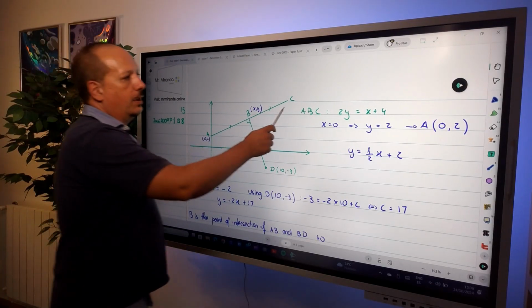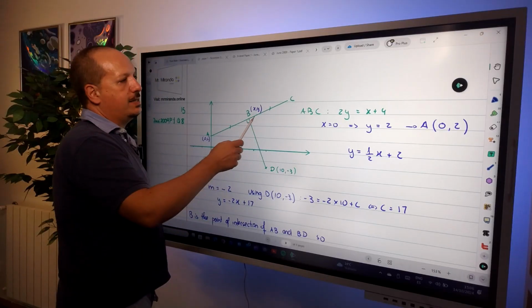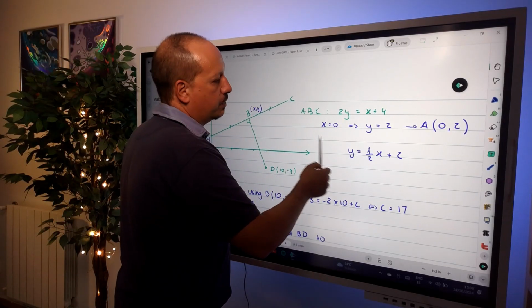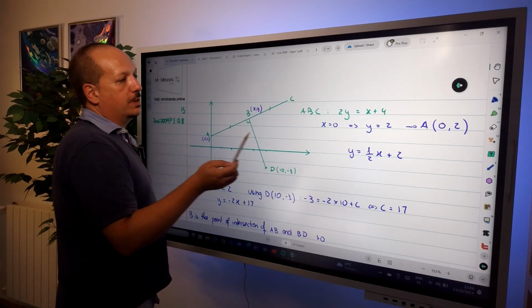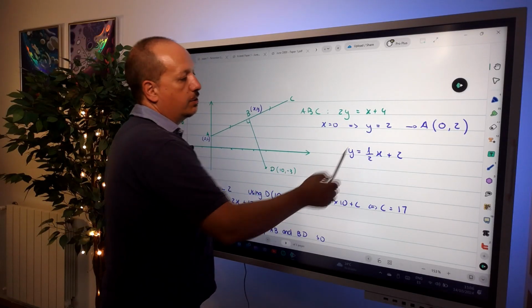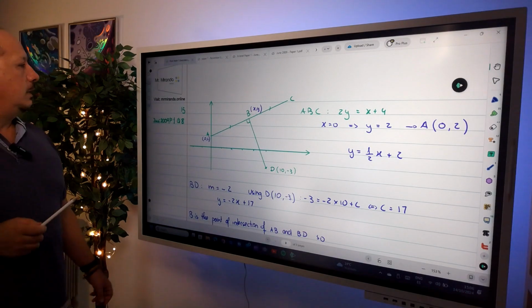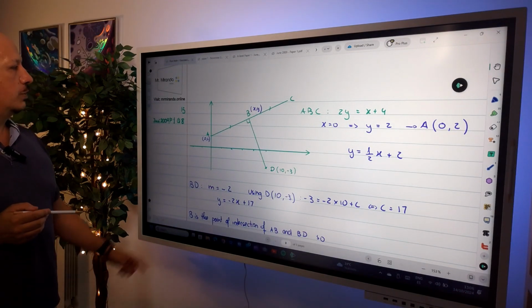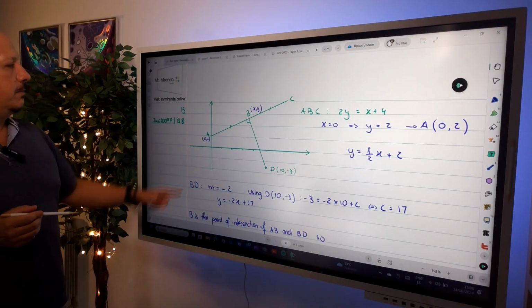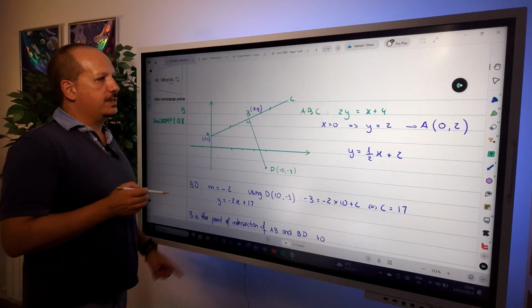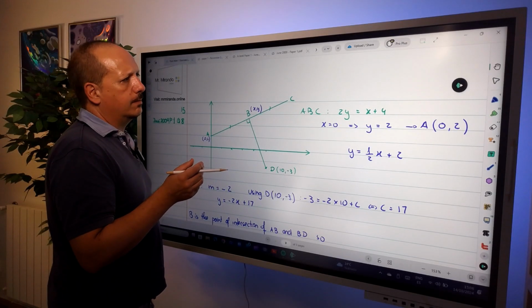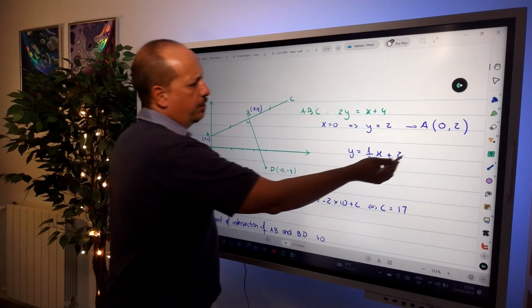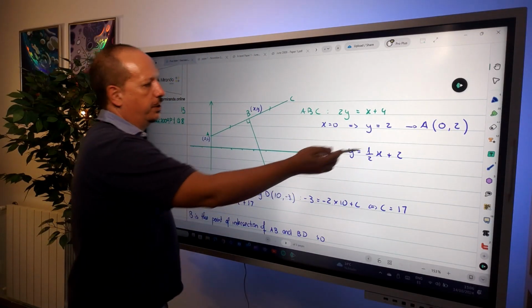So here you have the equation of line ABC. I just put it in terms of y equals mx plus c to get the gradient, which is 1/2. I can also get the coordinates of point A by substituting x by 0, and I'll get, of course, I already knew that from over here.